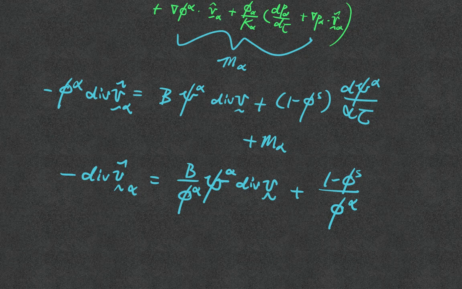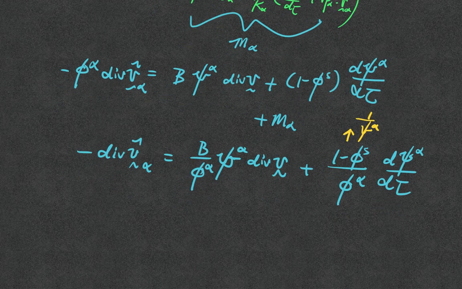These two terms are simply 1 divided by the degree of saturation of alpha, right? Times the change of the degree of saturation. Okay, or maybe let me do it this way.